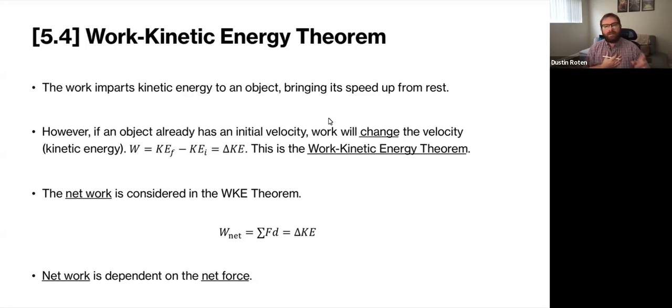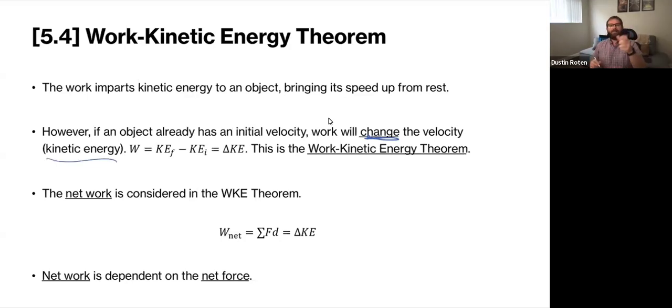But if an object already has an initial velocity, so maybe it's already moving and we want to speed it up even more or slow it down a little bit, we can't talk about absolutes anymore. When we do work to change that velocity, we're changing the kinetic energy.